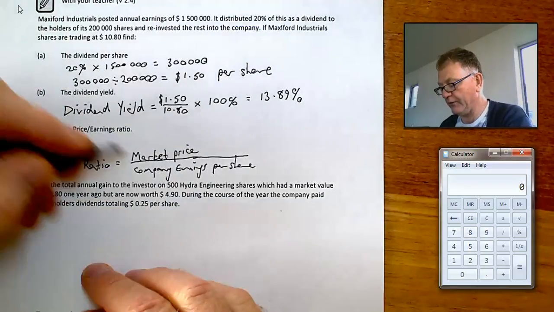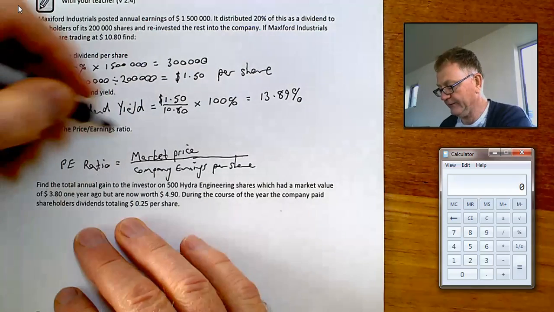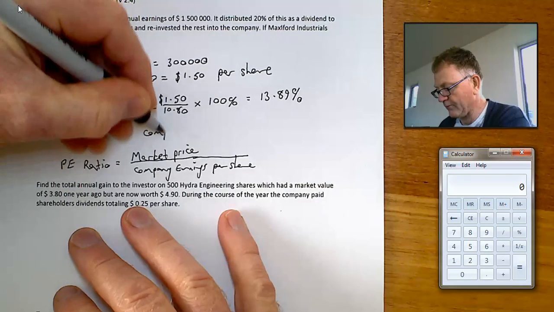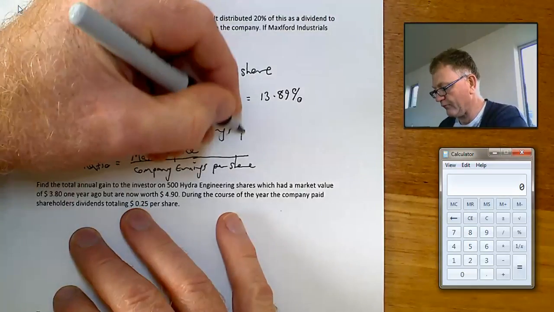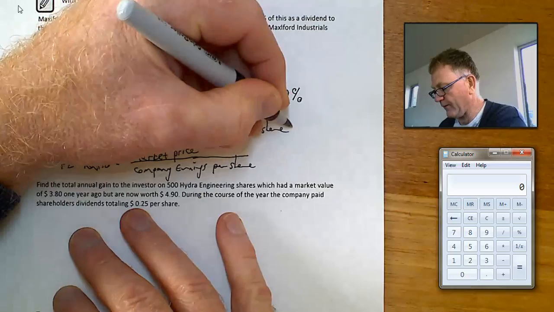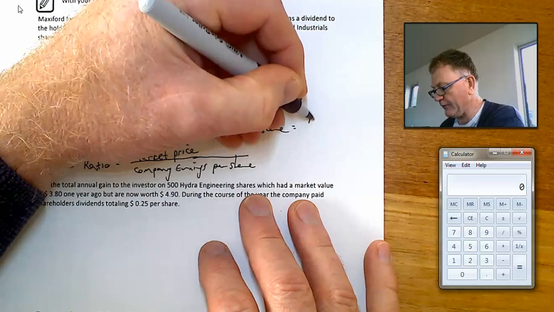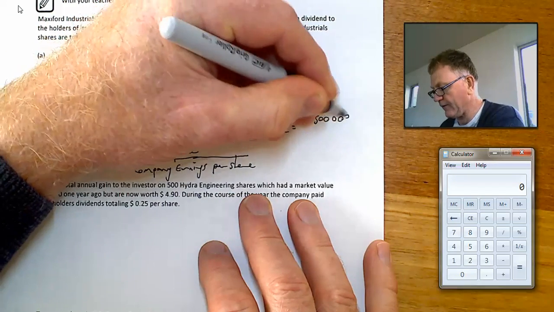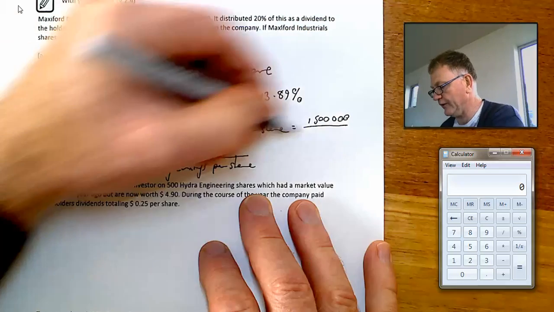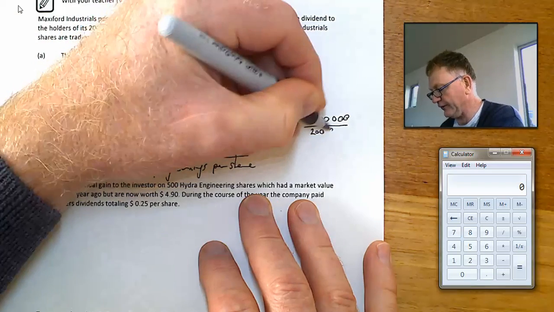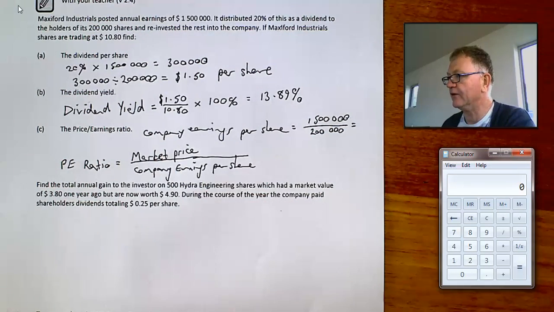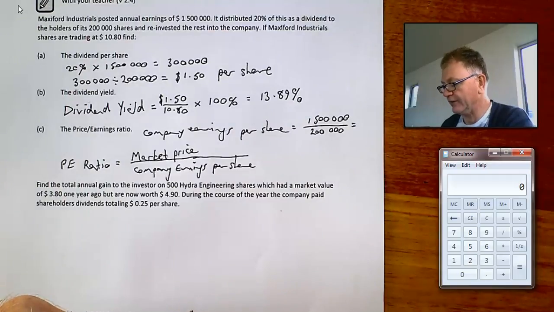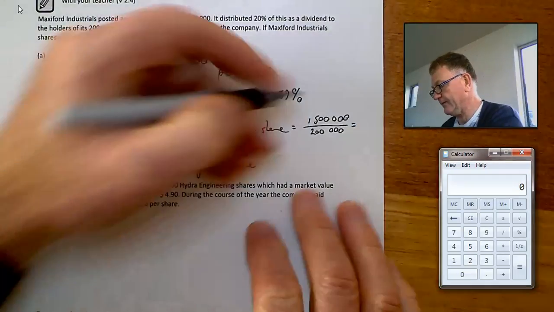So before we start, we might just work out what this is by dividing that 1.5 million amongst all the shareholders, 200,000 shareholders. And if you do that on your calculator, you'll see that there's $7.50 per share.